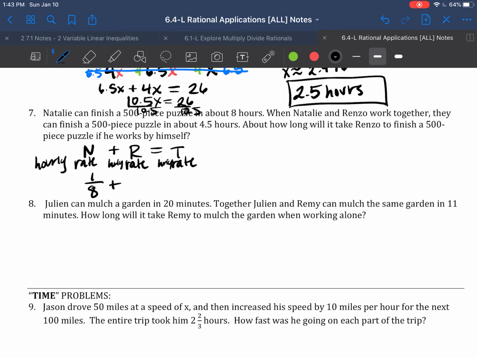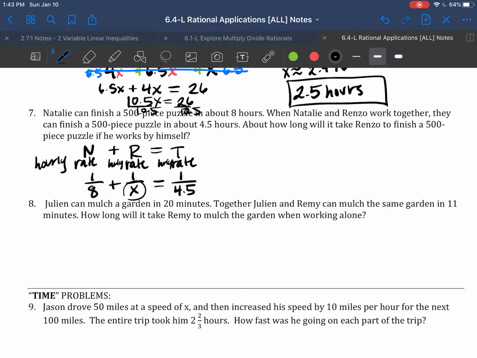And then when Natalie and Renzo work together, they can finish in 4.5 hours. So this time we're given their rate together. And we don't know Renzo's hourly rate. So we're going to put X. It's going to take Renzo X hours to do it by himself. And so that's what we're solving for.